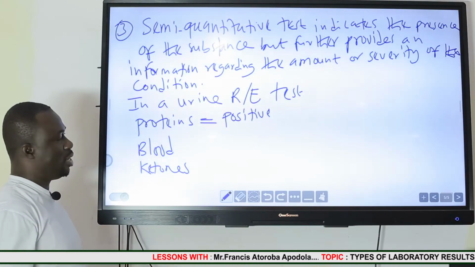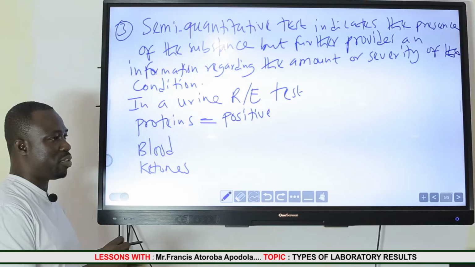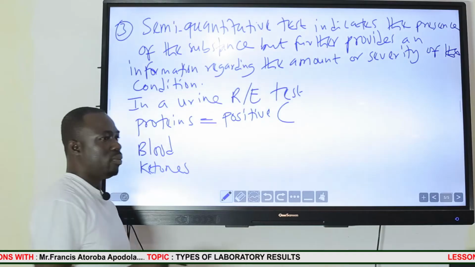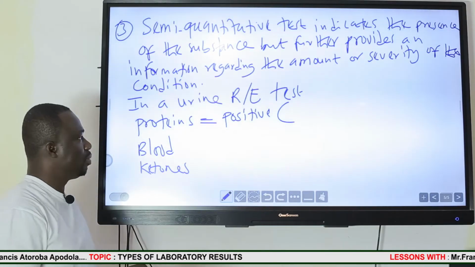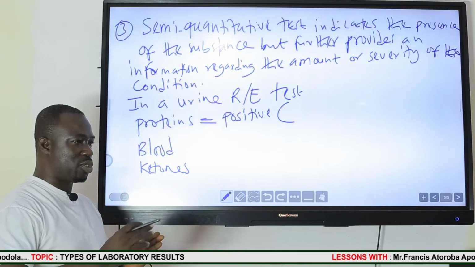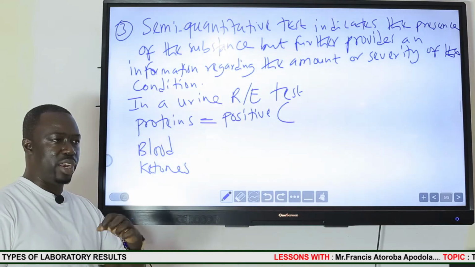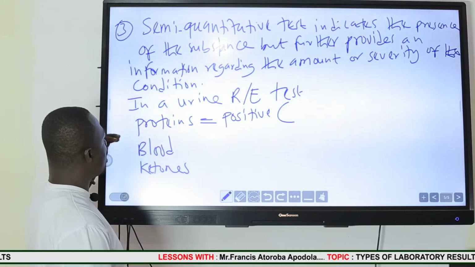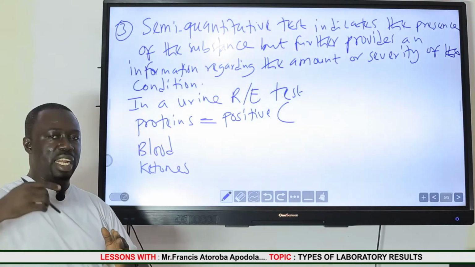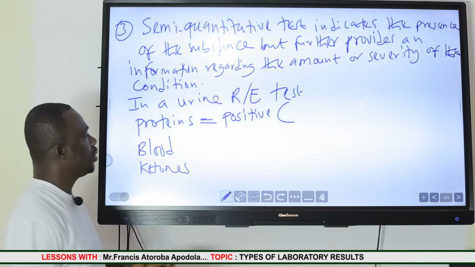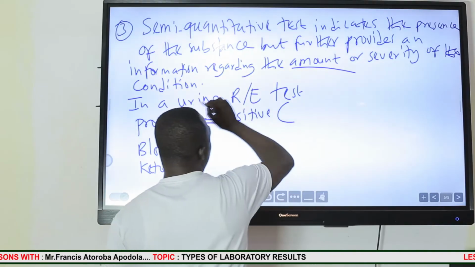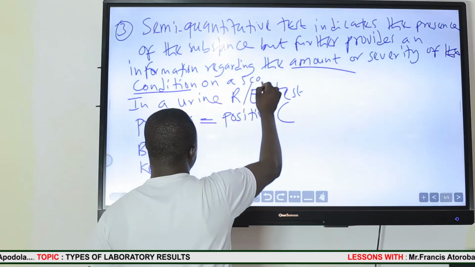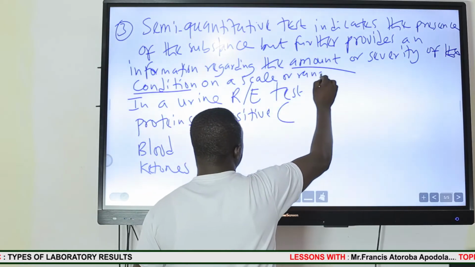or negative. But when proteins or the substance is reported as positive, usually we want to indicate the amount of the substance, not in terms of a numerical value, but in terms of grading on a scale. So a semi-quantitative result gives additional information regarding the amount or the severity of the condition, usually on a scale or range.